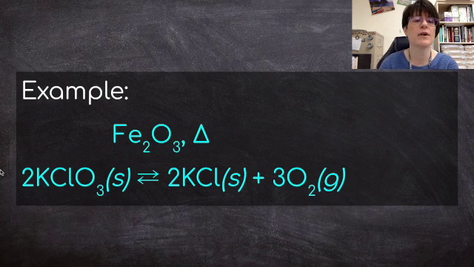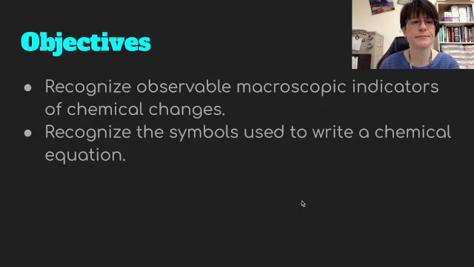So remember, left reactants, right products. What goes in must come out. So we have to put coefficients out front in order to adjust those. We cannot adjust the subscripts because that would then change the formulas and we would be representing a different compound.